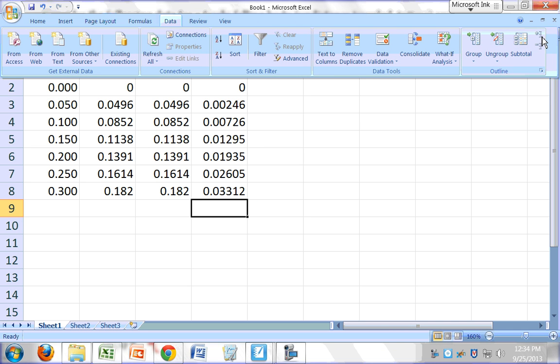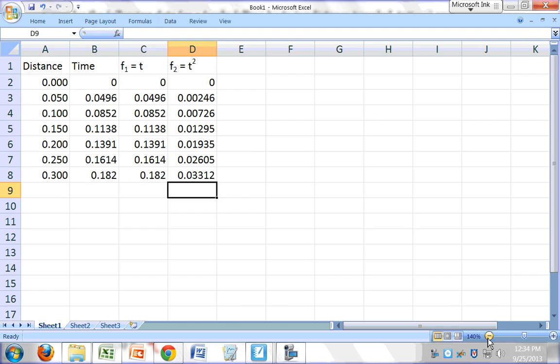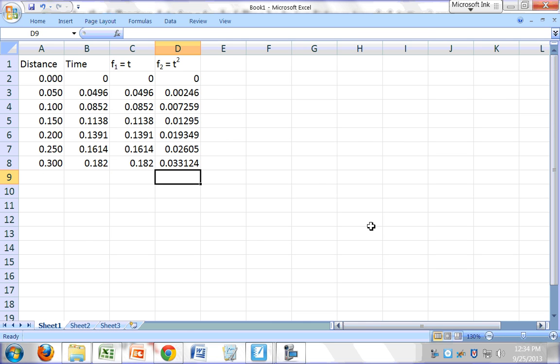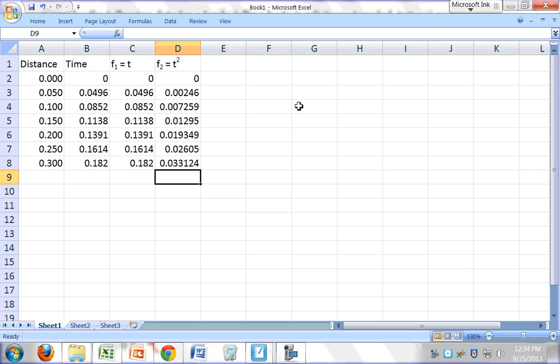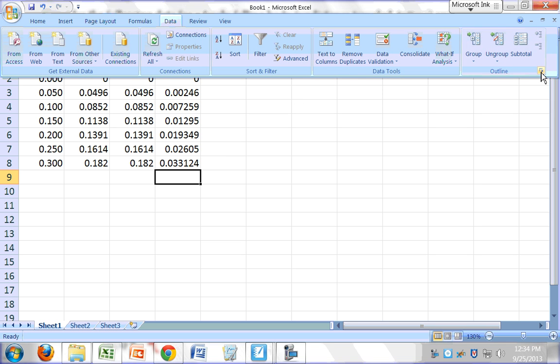It's not. Yeah, it should be over here. I don't see it on this one. No. Data. Data tools.